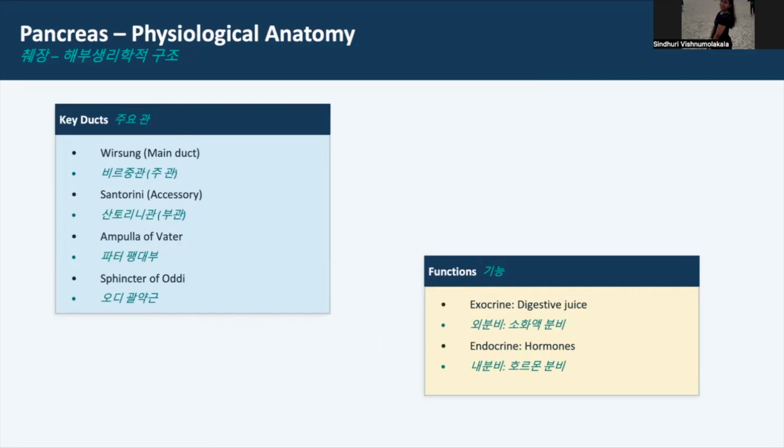So the function of the exocrine gland is the release of digestive juices that helps in digestion of carbs, proteins, fats, digestion of food in the small intestine. And the function of the endocrine gland is hormonal, that regulates your insulin, glucagon, and so on, which we'll discuss later.